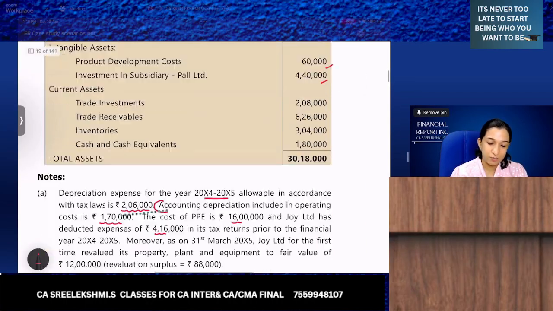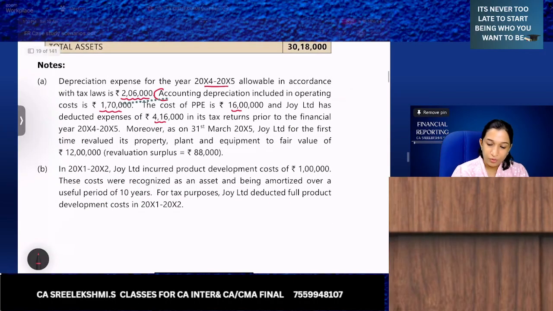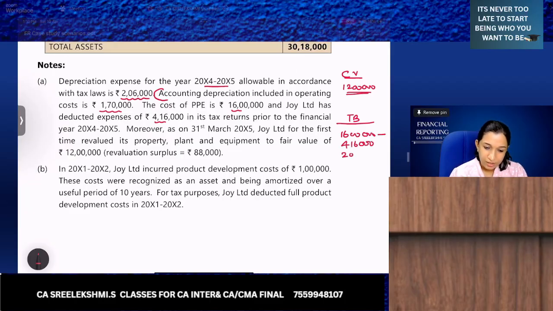What is the tax base? Carrying value is 12 lakhs. And what is the tax base? Cost was 16 lakhs. Already 4 lakh 16,000 is deducted and 2 lakh 6,000 is deducted.